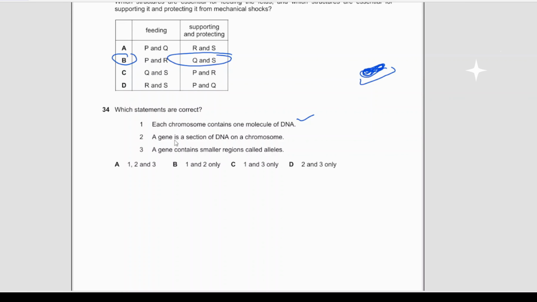A gene is a section of DNA on a chromosome. Yes, it's the definition of a gene. A gene contains smaller regions called alleles. No, an allele is the alternative version of a gene. So this one is incorrect.